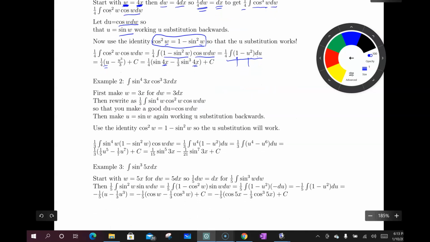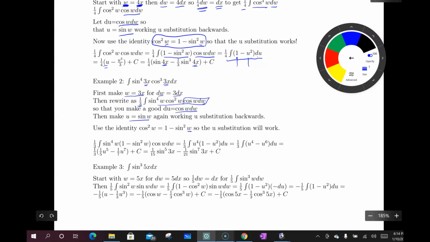So just comparing, right? If this one here had 3x inside, I would suggest that you do a w substitution of 3x. Then dw is 3dx, so I can put the 1/3 outside, have it all in w's. Now make my good du. There's my good du. So u is sine of w.